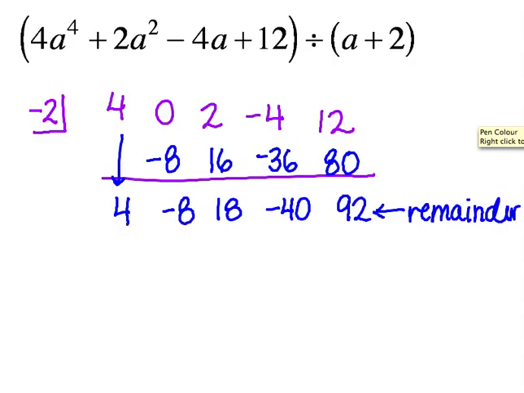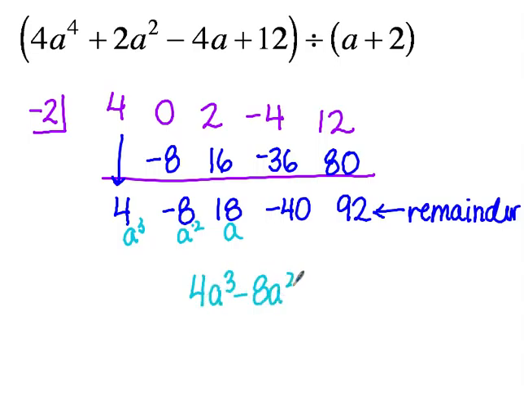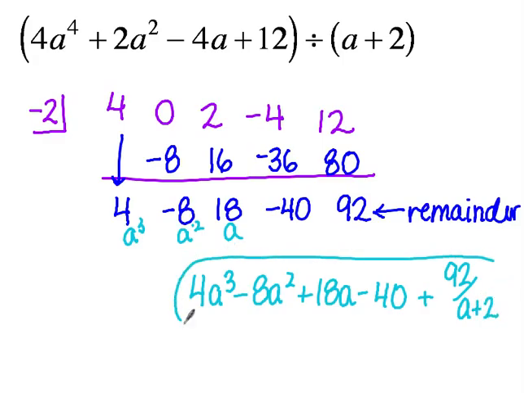What will the coefficient of 4 be? A cubed. Yep, so a cubed, a squared, a. Here's your constant, and here's your remainder. So your final answer, 4a cubed minus 8a squared plus 18a minus 40 plus 92 over a plus 2. So what do you think? You like that a little better?